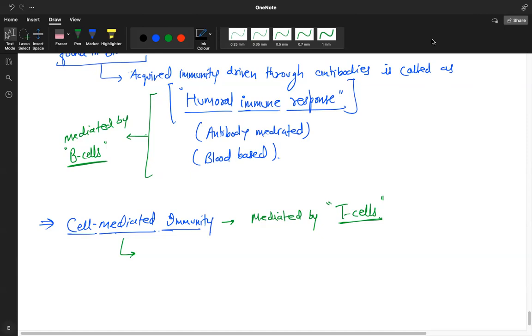Survivability. Yeah. And how can you choose that? You actually suppress the cell mediated immunity by giving immunosuppressants. So people who undergo transplantations of any organ have to take immunosuppressants after that. What immunosuppressants do is keep the cell mediated immunity through the T cells inactive.